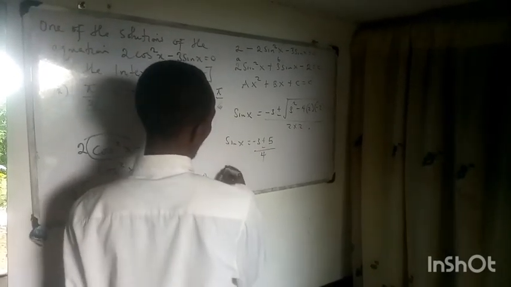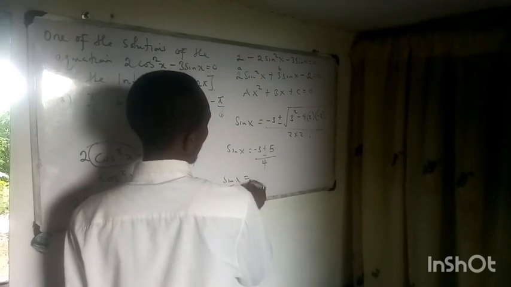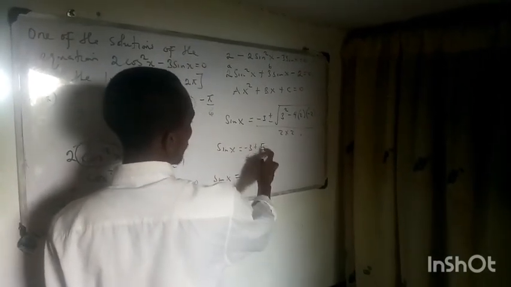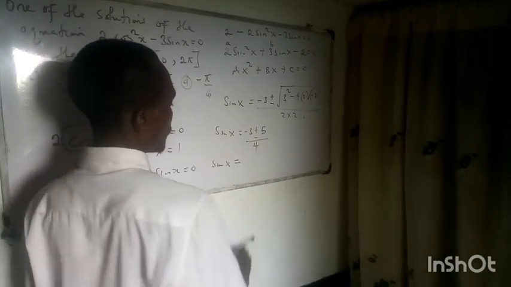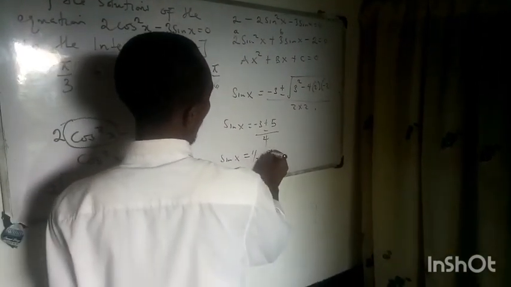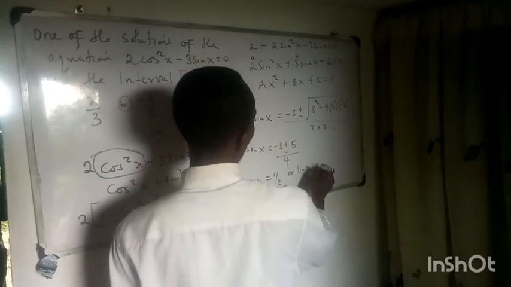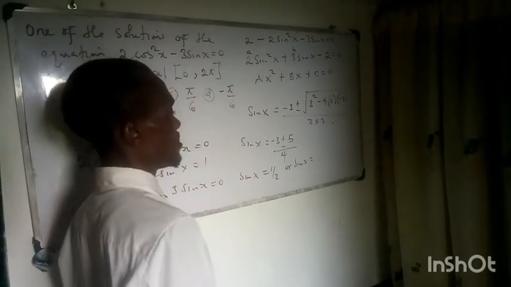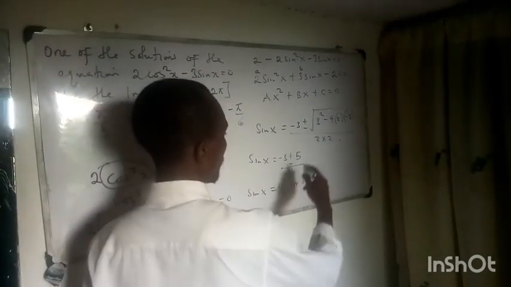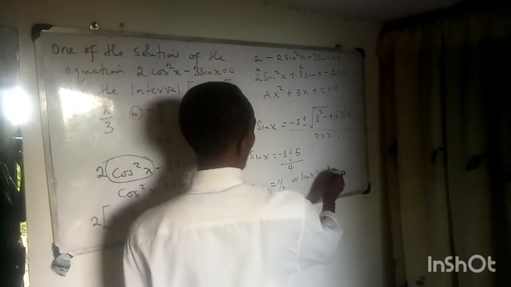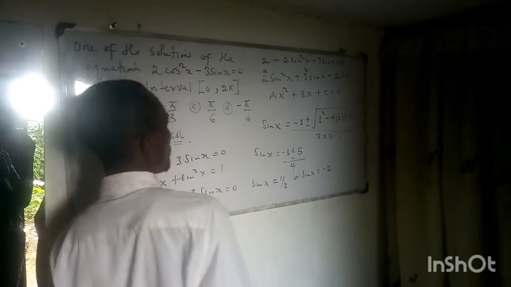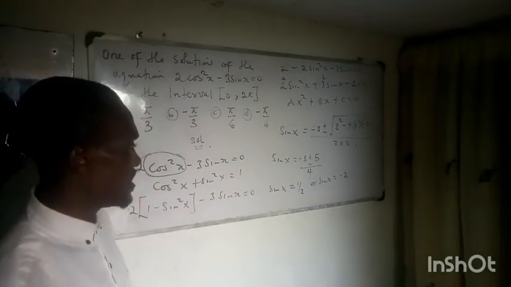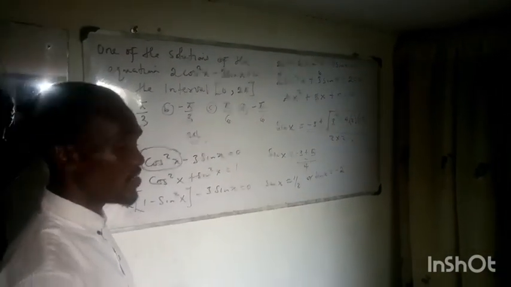So this gives us sine x is minus 3 plus 5 is 2. 2 divided by 4 is half, or sine x is minus 3 minus 5 is minus 8 divided by 4 is minus 2. So let's see how to obtain finally the value of our x, which is our interest.